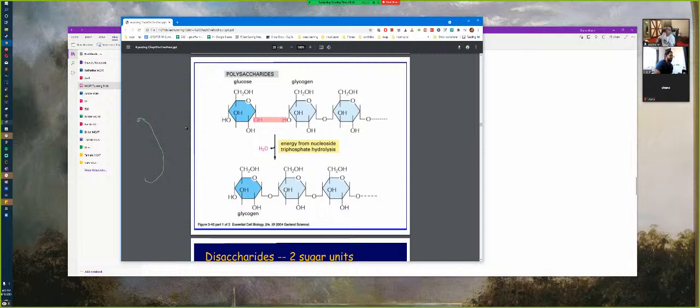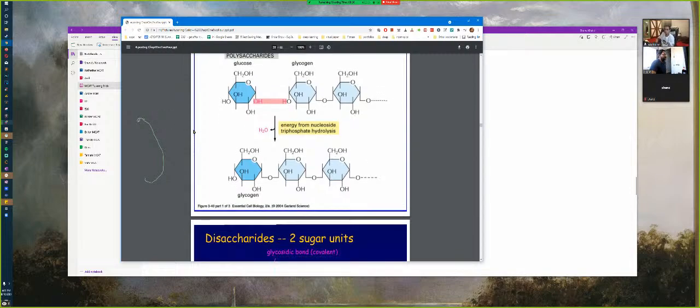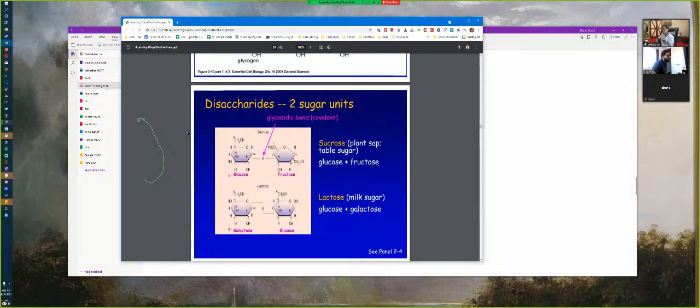We left off at disaccharides. So these are glycosidic bonds that form, and sucrose is an example of glucose and fructose combining, and lactose is glucose and galactose.